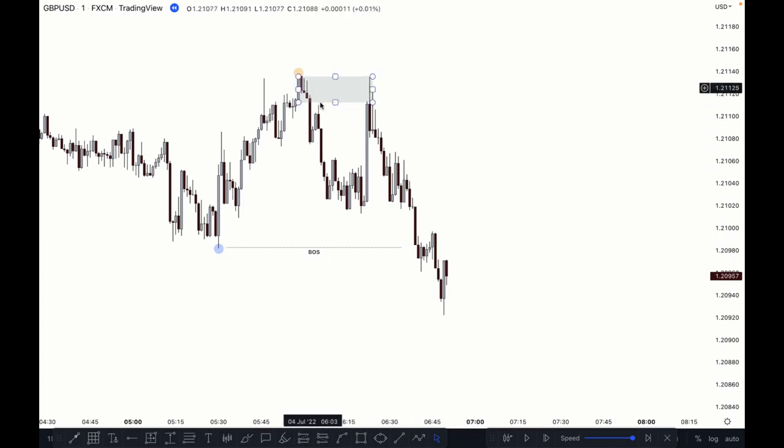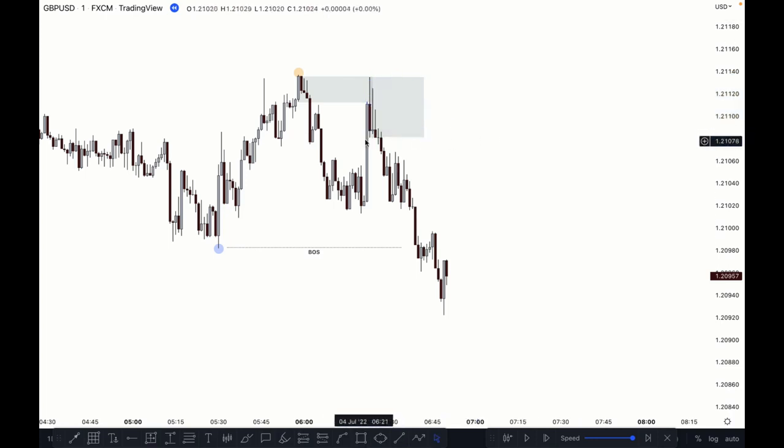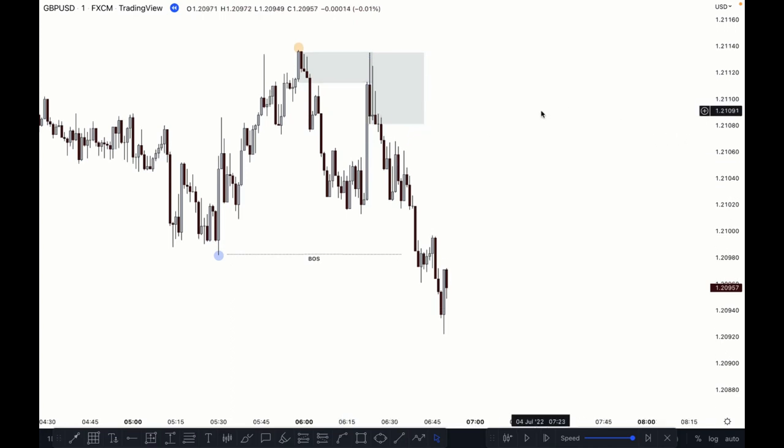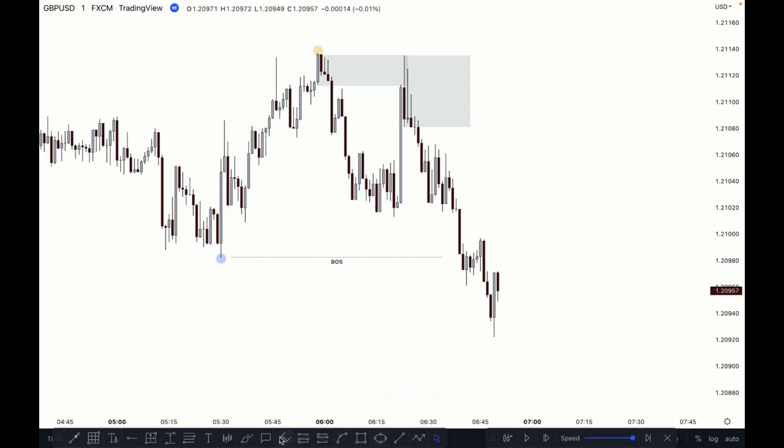After this, we look for any last buying candle before the sell. Actually, this candlestick was the last buying candle before the sell, but there is no imbalance. So how can we mark it exactly and refine it? You have to look at the next candle and see if there is any imbalance.